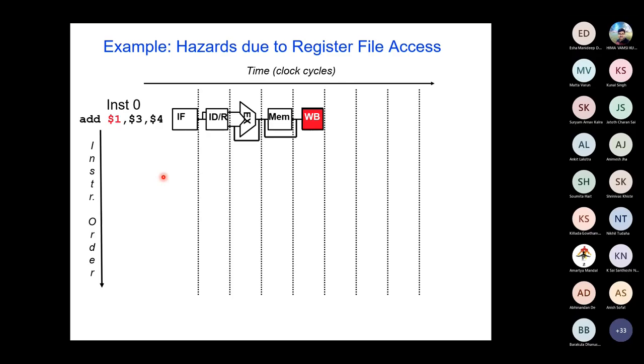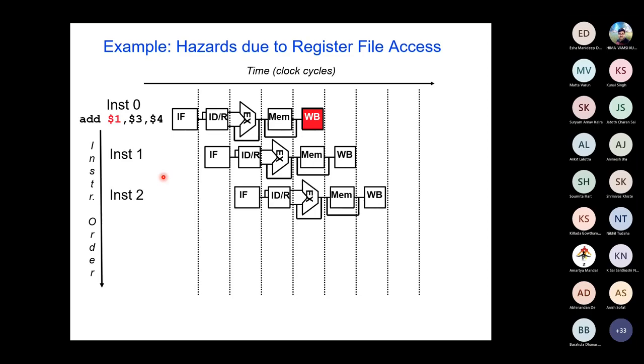So the fifth clock cycle is the write back stage. Good. Suppose another instruction enters here, and they are just pushed towards the right by one clock cycle. Assume that these two instructions do not depend on these registers.